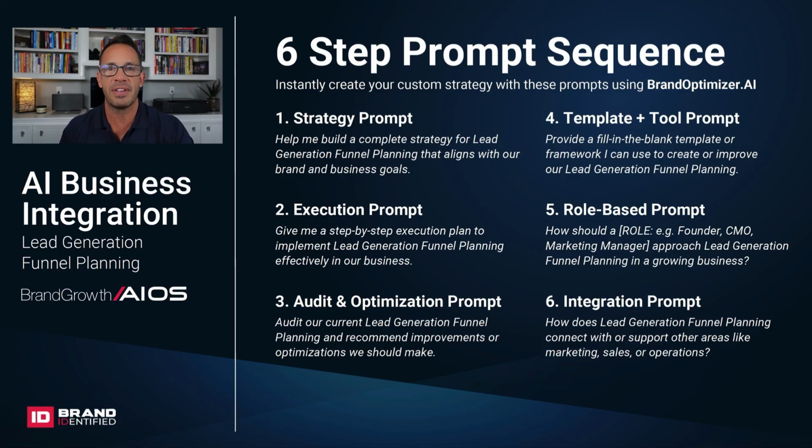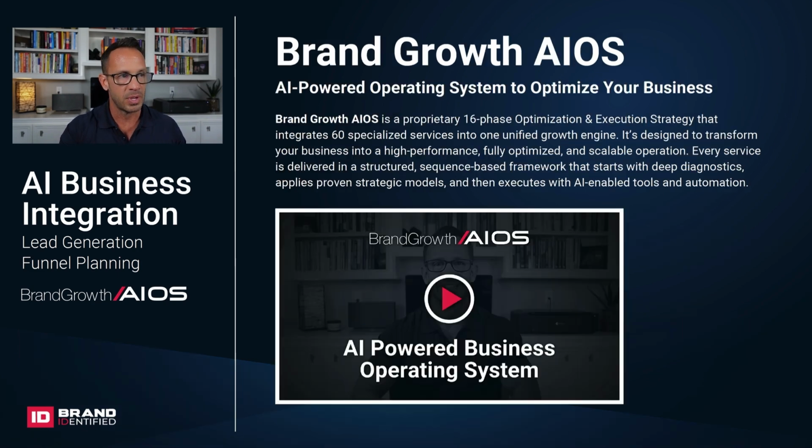And then the 6th and the final prompt here in this 6-step AI prompt sequence is your integration prompt. And that is: how does lead generation funnel planning connect with or support other areas of our business, for example, marketing, sales, or operations.